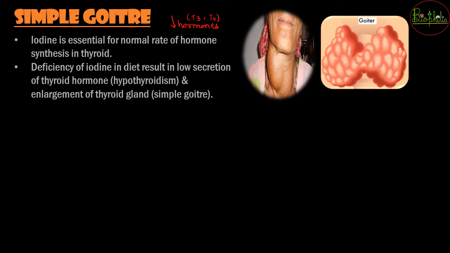And why are these not made? Because there is going to be deficiency of iodine. So as I told you, T3 और T4 बनाने के लिए आयोडीन का होना बहुत ज़रूरी है, and if there is no iodine in the person's diet, it will lead to less and less amounts of T3 and T4, and when there are less amounts of T3 and T4, simple goiter is going to occur.